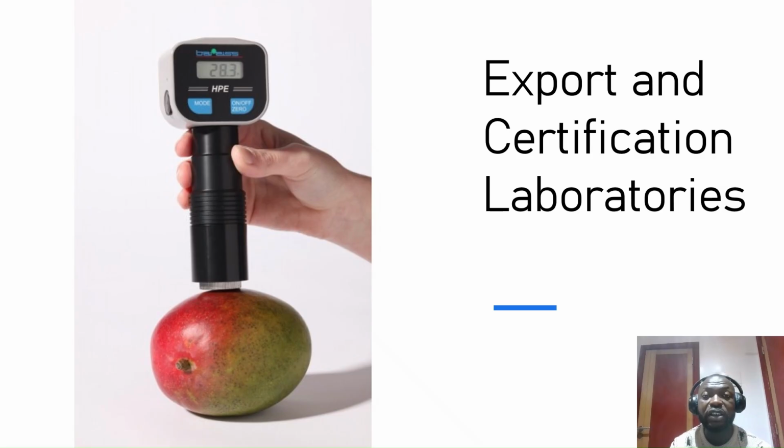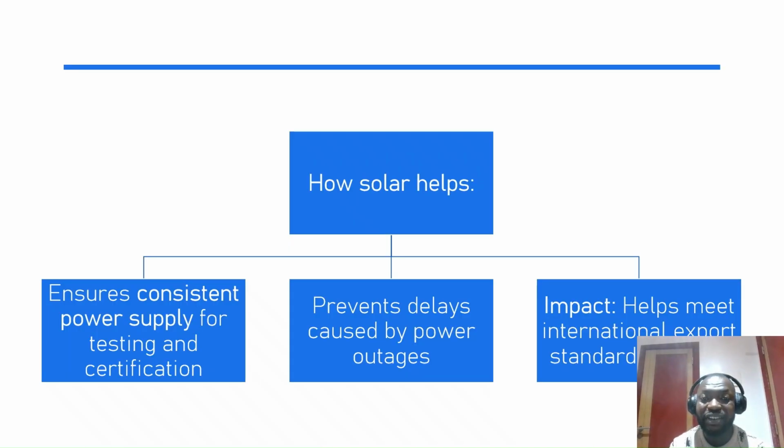To achieve all these, we need a sustainable power supply. So the solar panel is very essential to ensure consistent power supply for the testing and the certification. It also prevents delays caused by power outages.